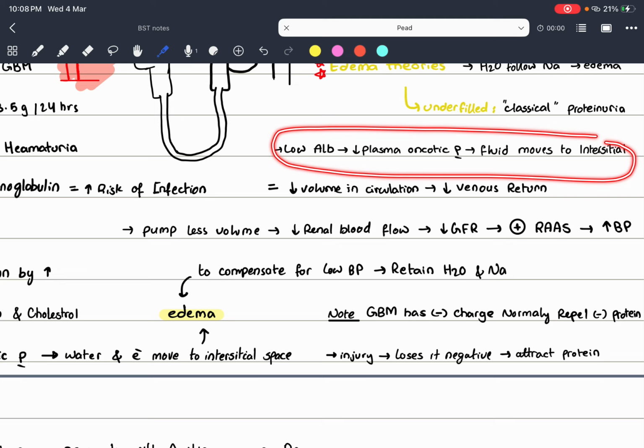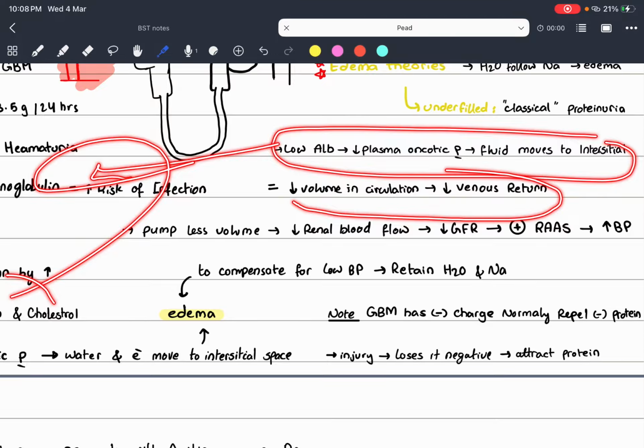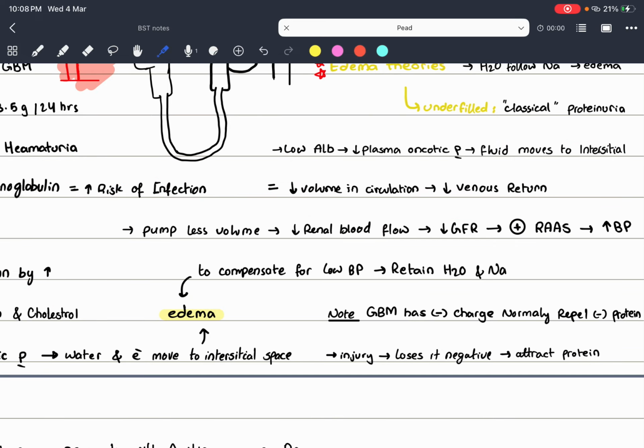This is actually the same as the previous one, but because of this we'll also have reduced volume in circulation. Your venous return is reduced, so your heart will not work as hard, and then pumps less volume.